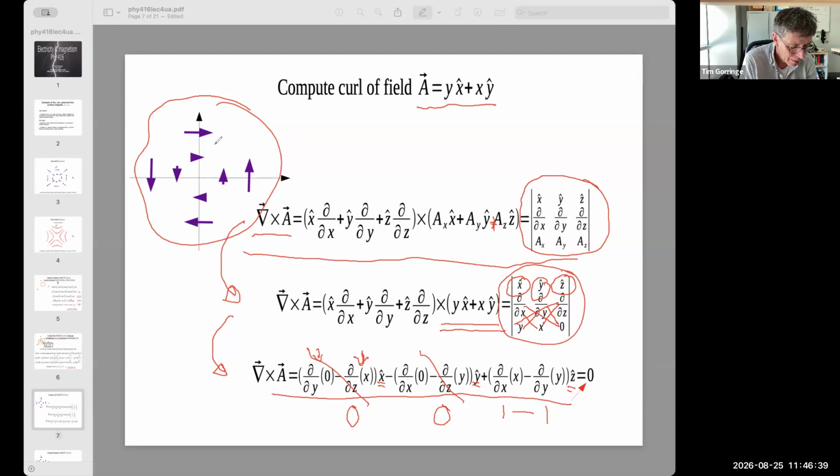The vectors that are pointing left and right look like they're rotating clockwise. There is no net circulation, no rotation of this field. And that's what we've discovered. This is a curlless field. It's a particular field that has the property of being everywhere curlless.